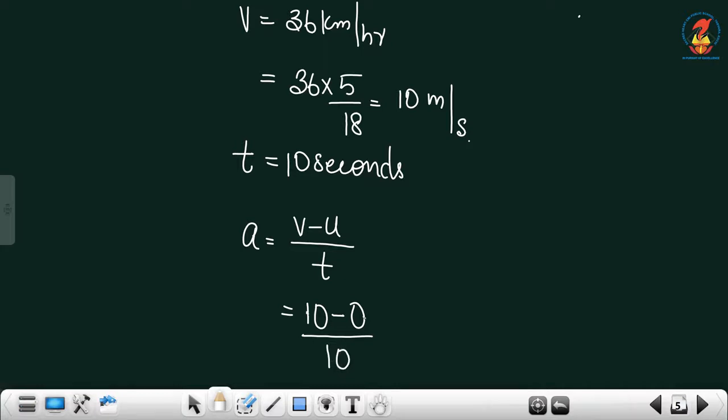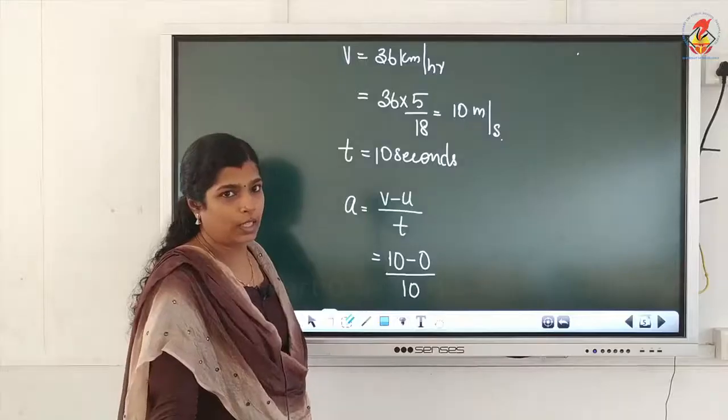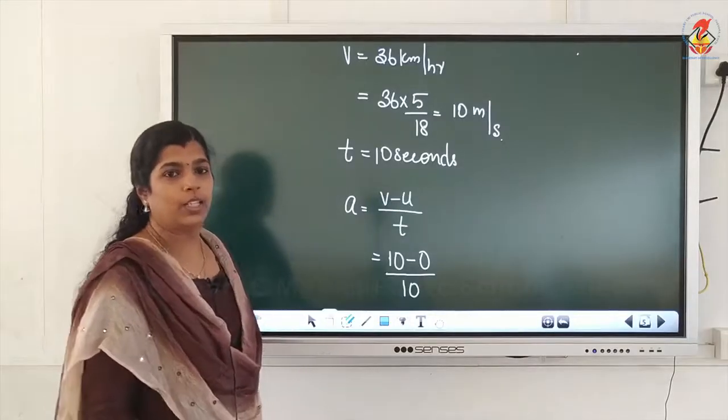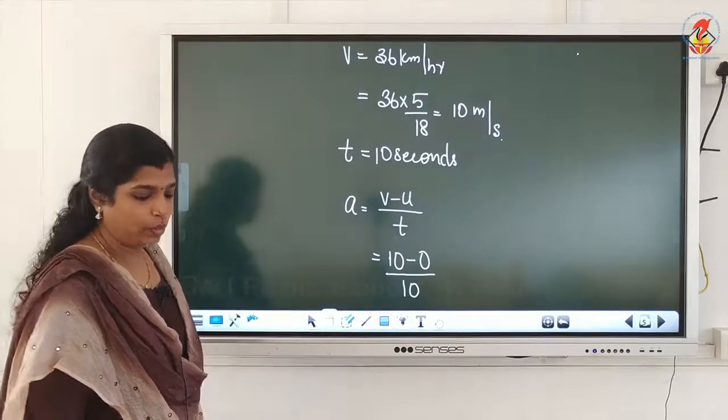First you do the calculation, 10 minus 0, then you can divide it by 10. Now you will get the answer. When you do this problem, you will get the answer in meter per second square. That is the acceleration.